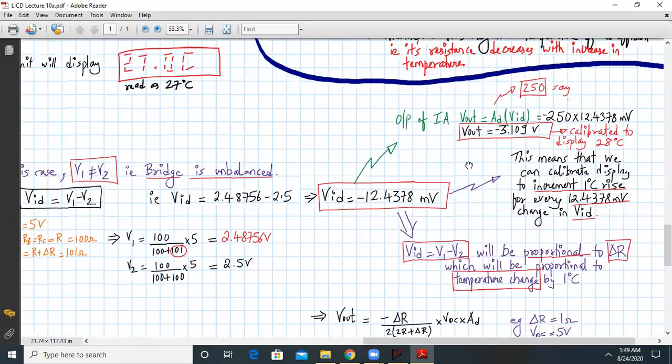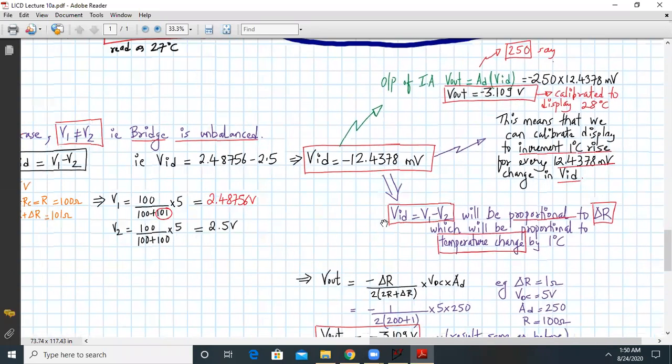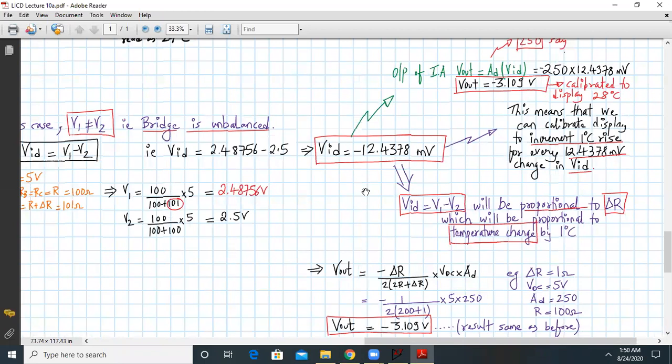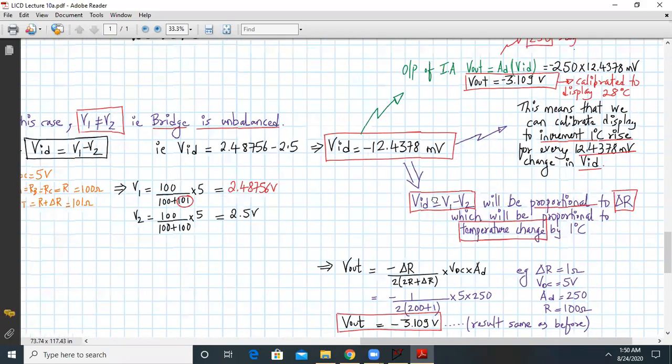This means we can calibrate to display the increment of 1 degree rise in temperature for every 12.4378 millivolts change in VID. So VID, equal to V1 minus V2, will be proportional to the change in delta R, which is proportional to the temperature change by 1 degree Celsius.